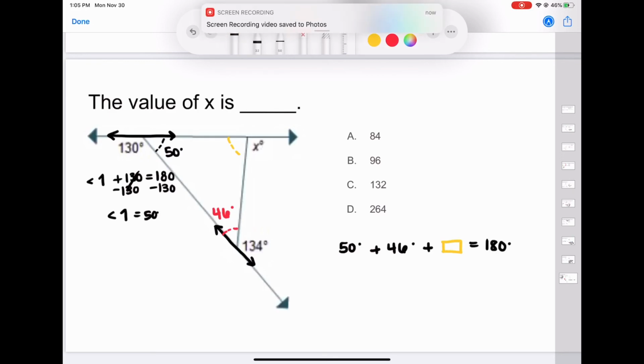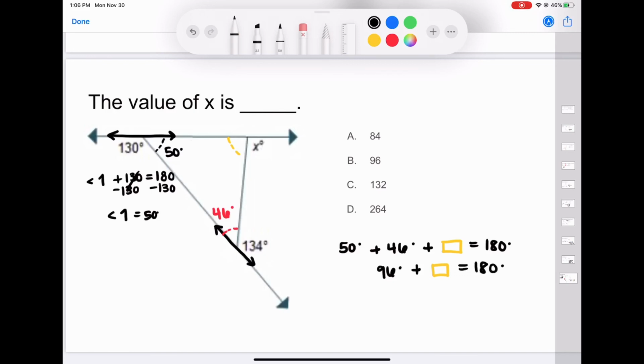So I'm going to do 50 plus 46, which is 96, plus my missing angle will give me 180. I want to subtract 96 from both sides. 180 minus 96 gives me 84. So my missing angle is equal to 84.